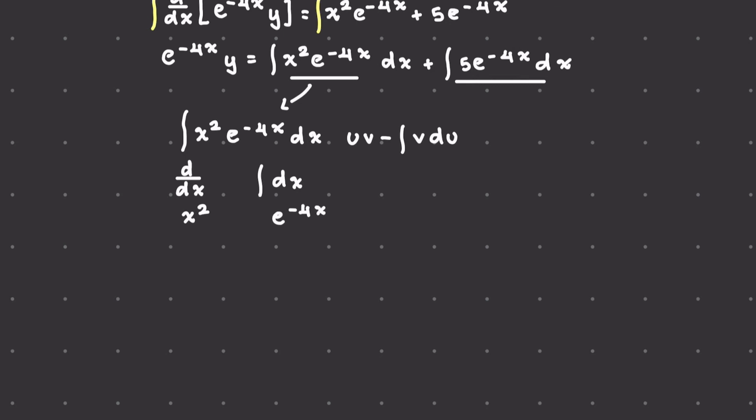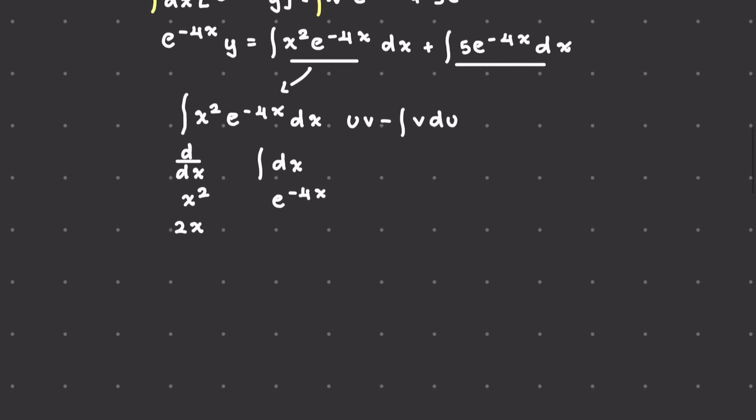If we differentiate the x squared, it becomes 2x, and if we differentiate it one more time, it becomes 2, and one more time, it becomes 0. That is the reason we chose x squared to differentiate.